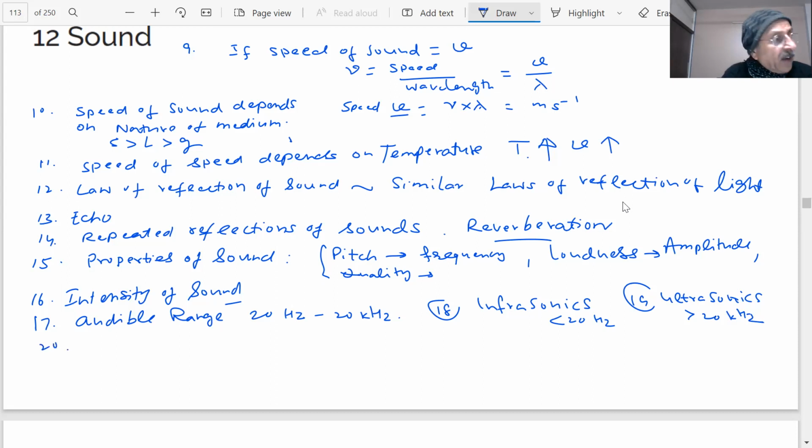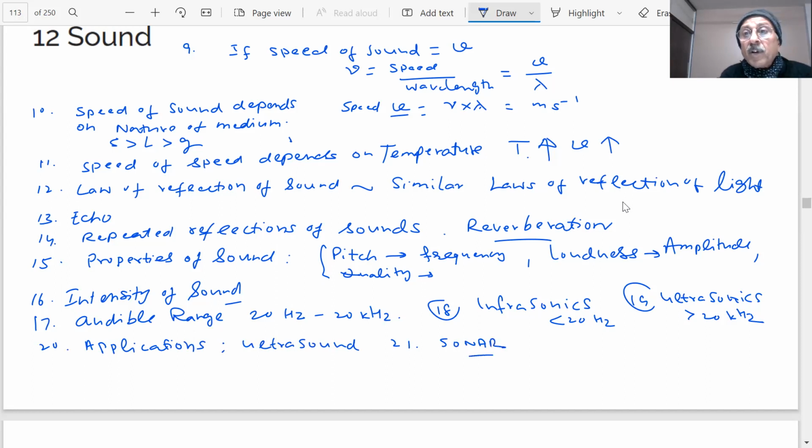We have discussed in large the applications. Applications, student. What is the ultrasound, student? We discussed sonar.